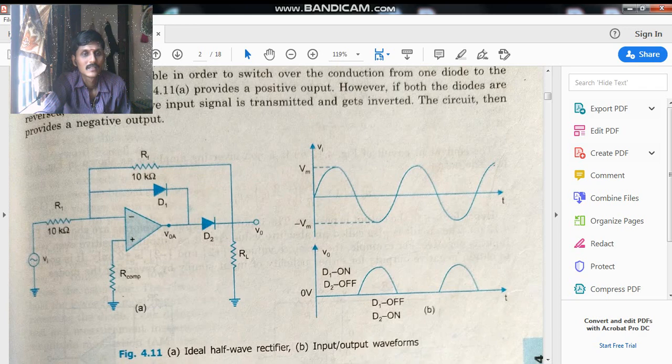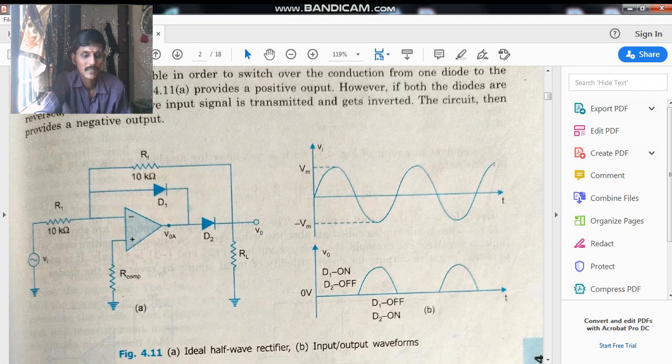In the first half cycle, D1 is on and D2 is off. In the second half cycle, D2 is on and D1 is off.